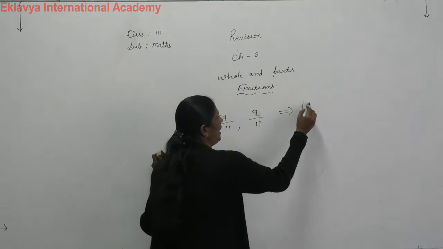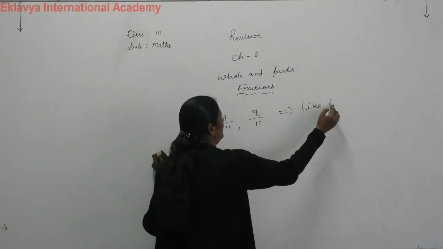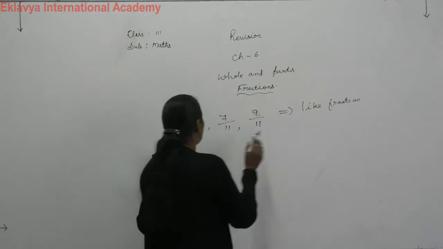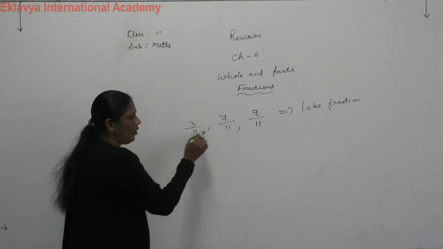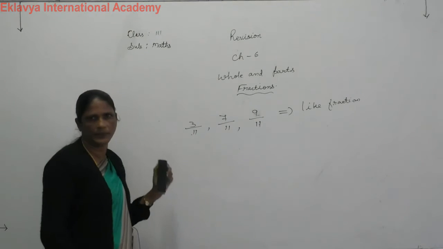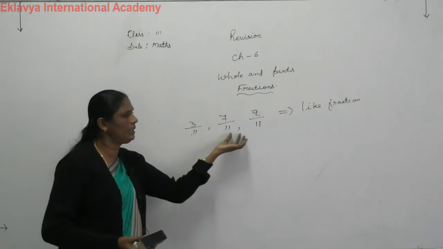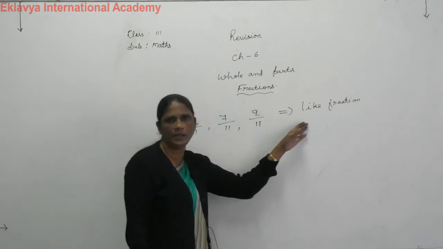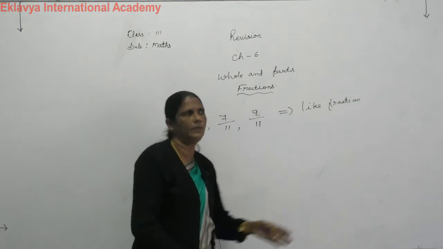This is a like fraction. Here look, all denominators are 11. When the denominators are same, those fractions are called like fractions.